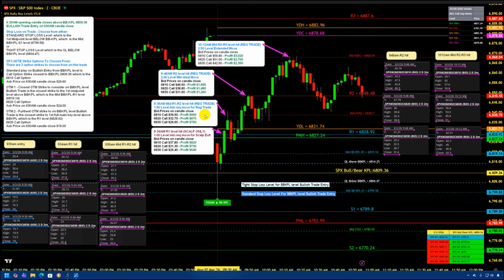So with that, what you're looking to do is lock in profits by selling roughly 2/3 to up to 90% of the option contracts you started out with. And then on the remaining runners, you're looking to capture additional profits as price continues to move in your favor, and then either exiting or adjusting further your stop loss as price continues to hit additional key levels in your favor on a trending move.